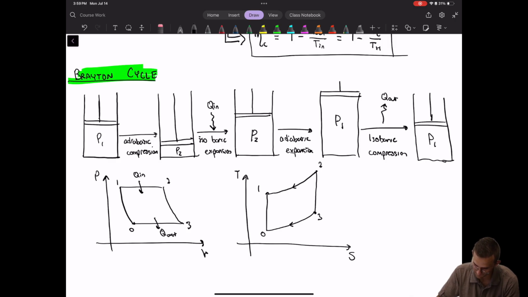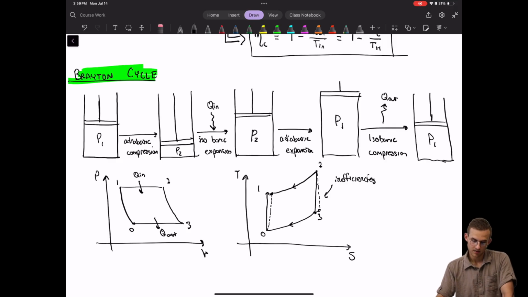Okay? And if you had inefficiencies, this would happen like here. Something like that. Just to give you an idea, it's kind of a point off the cuff there. Okay, so that's what the cycle diagrams look like for the Brayton cycle.